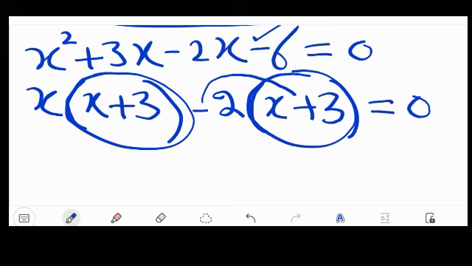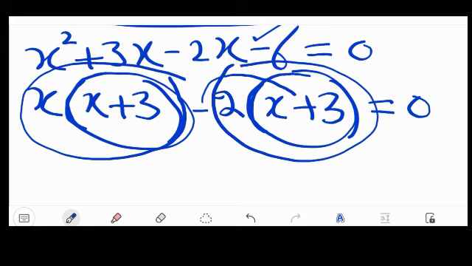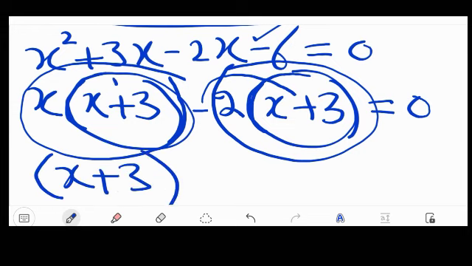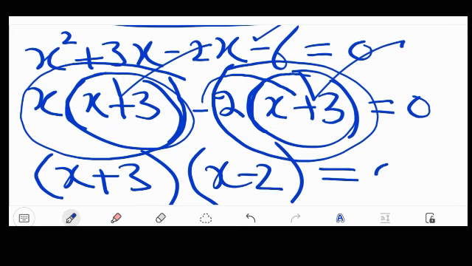So now I just converted 4 terms into 2 terms. One is this one, then minus, and another term is this one. In these 2 terms, the common factor we already know, that is x plus 3. So x plus 3 is common. What will remain? X minus 2 will remain. X minus 2 is equal to 0.